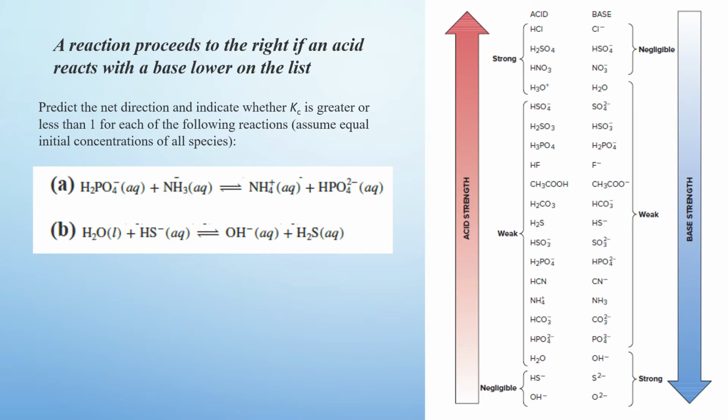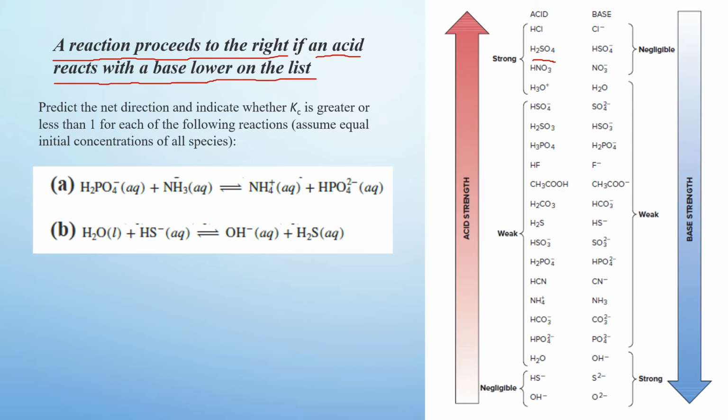To apply this figure, use this rule: a reaction will proceed to the right if an acid reacts with a base lower on the list. So if you start with the acid and let it react with the base that's below it in this list, this reaction will proceed to the right.